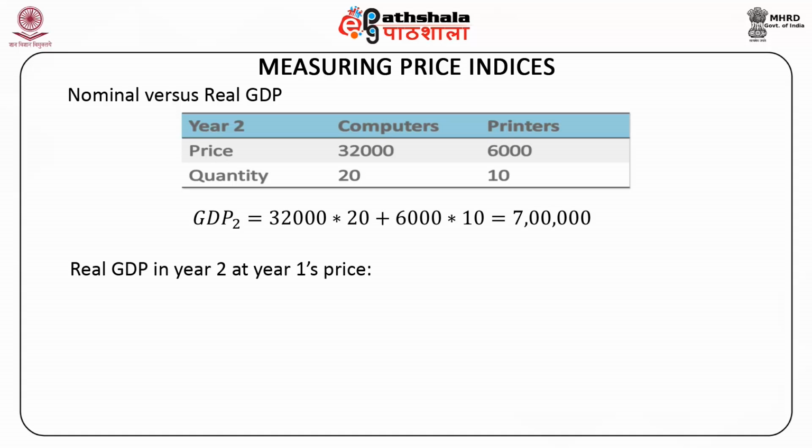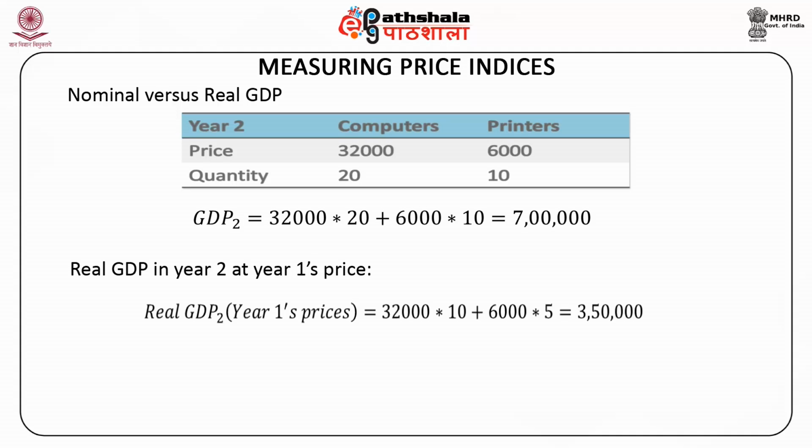Therefore, the real GDP in year 2 will be equal to 32,000 multiplied by 10 plus 6,000 multiplied by 5, which is equal to 3,20,000 plus 30,000, that is 3,50,000 rupees.